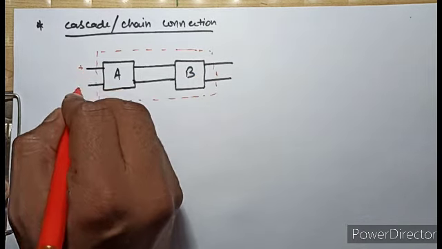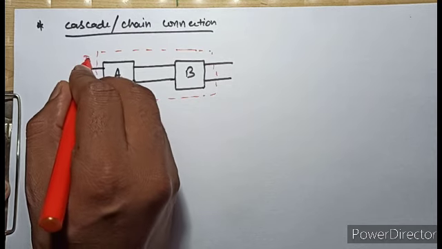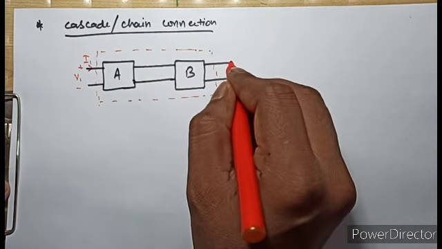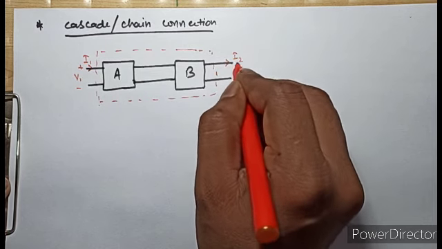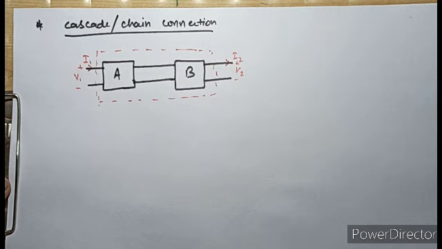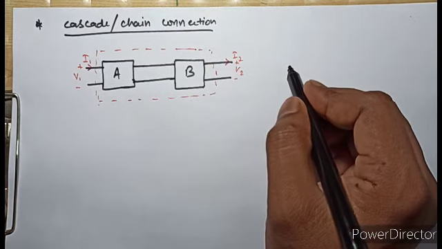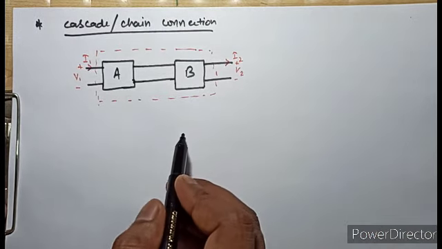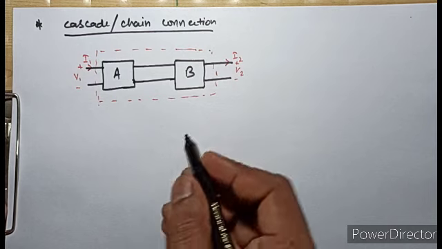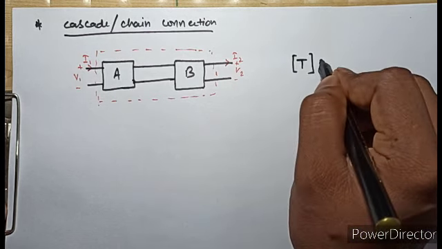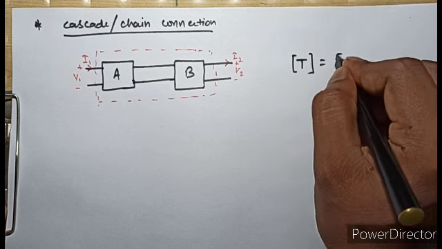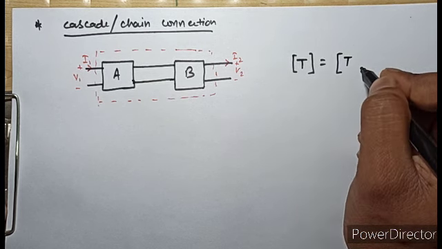This is plus or minus V1, this is our I1, and this is I2, V2 plus or minus. Basically these types of connections are done in transmission parameters. So if two networks are connected in cascade, then will their T parameters get added?